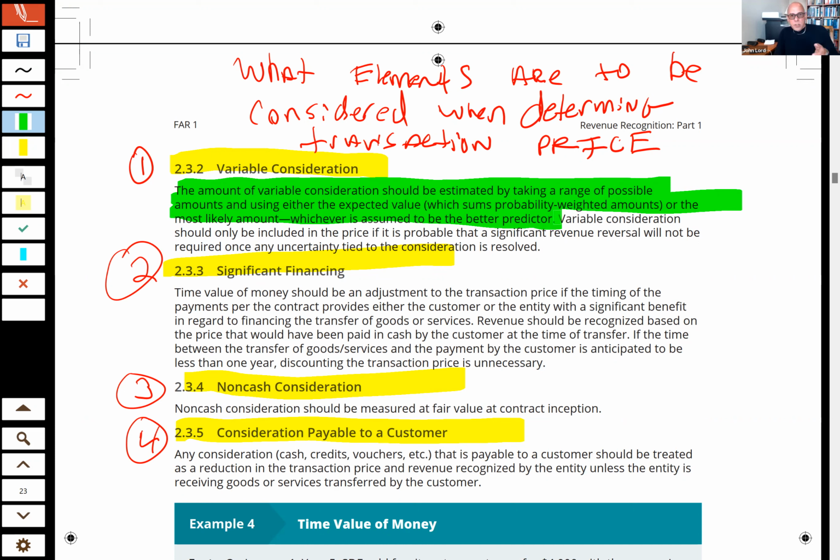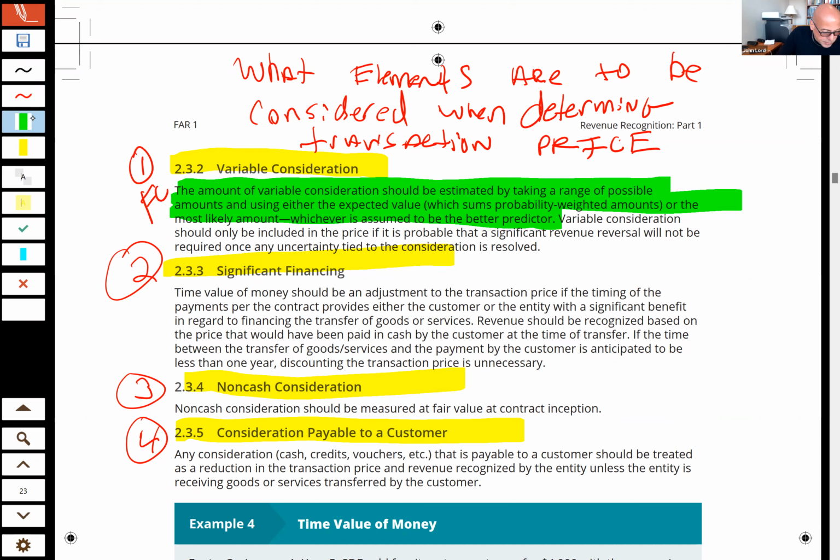So if it says that the consideration could be this, it could be that, and it's a 10% chance that it's this, 90% chance that it's that, you'd multiply, say it said 10,000, you multiply that by 10%. They say it could be as much as 40,000, you multiply that by 90%, take those two products, add them together, that's what you would use for the transaction price, okay? So go ahead, flashcard that.